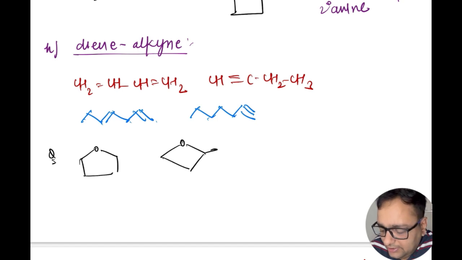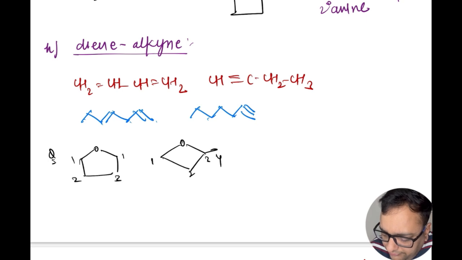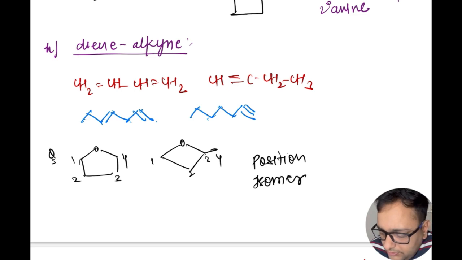Both are cyclic ethers, but the position of ethyl changes, while the main chain is the same. 1 2 3 4, 1 2 3 4. So this is a position isomer.